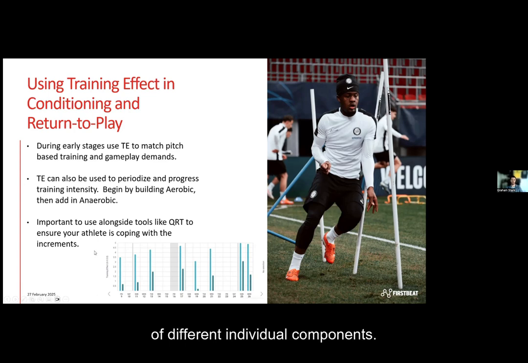And then just one side note on the end there, even more so perhaps in return to play, it's really important to use the quick recovery testing. So I won't go into any detail on that here, but I think the webinar after the next one is focusing on QRT, so you'll be able to get a bit more insight there.